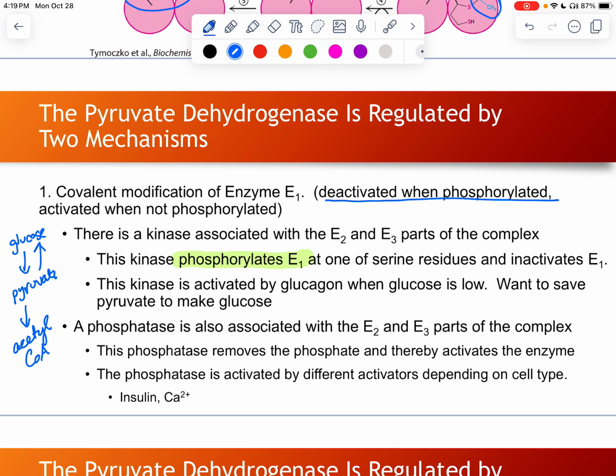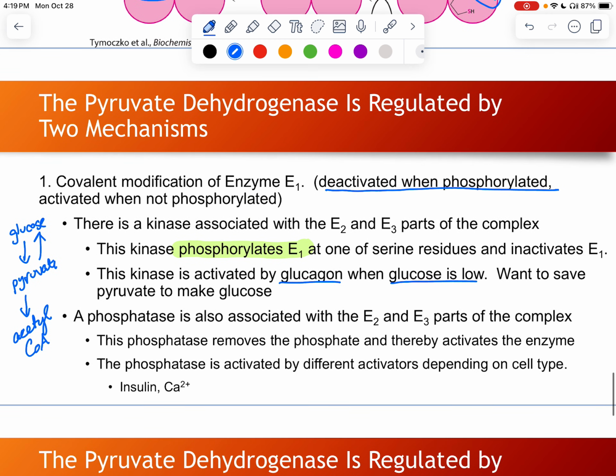So when glucose is low, just like in our last step when we talked about gluconeogenesis, your body will make glucagon. It wants to save the pyruvate to make glucose. So that glucagon will also activate this kinase to phosphorylate the first enzyme and deactivate it.